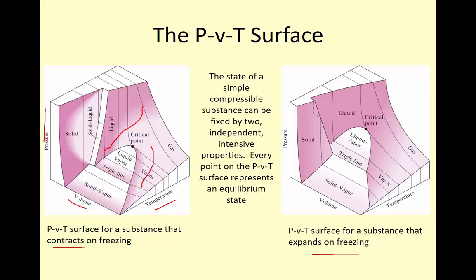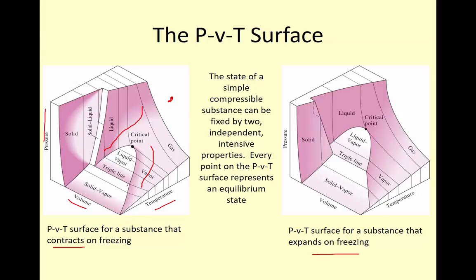Okay, so if you decided you wanted to have a pressure, a volume, and a temperature that was here, well, you would never be able to achieve that. It's not possible to have that pressure, temperature, and specific volume all at once in your substance.